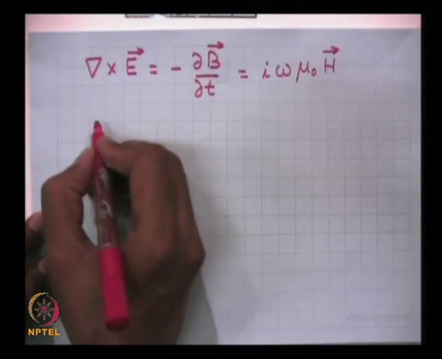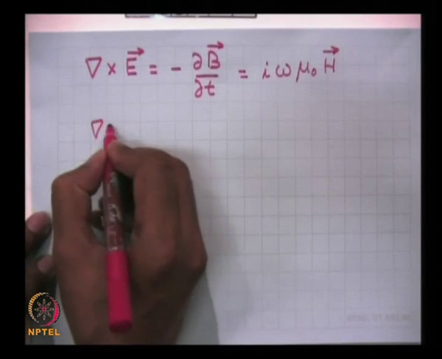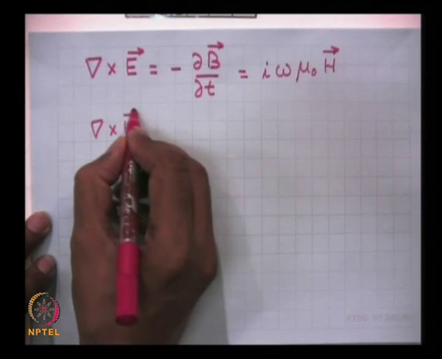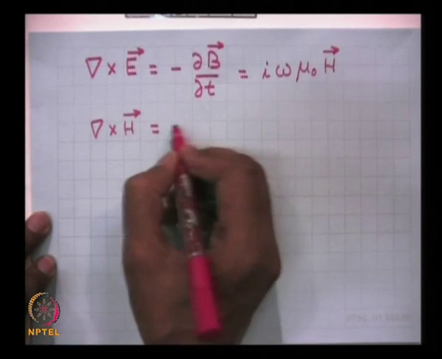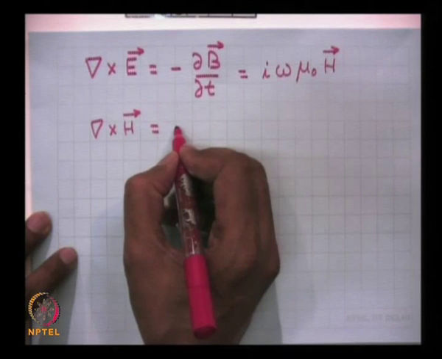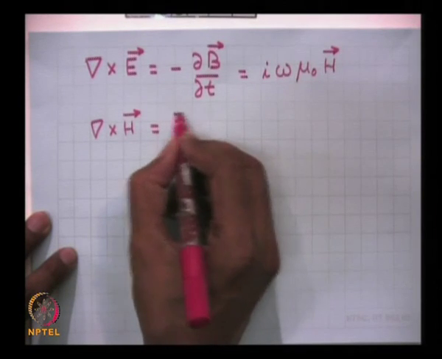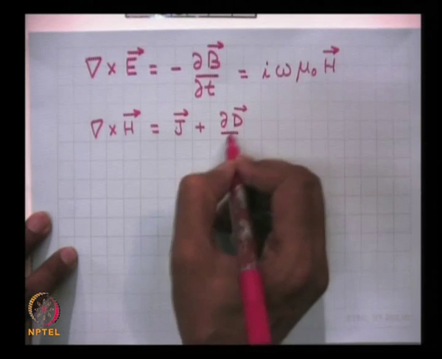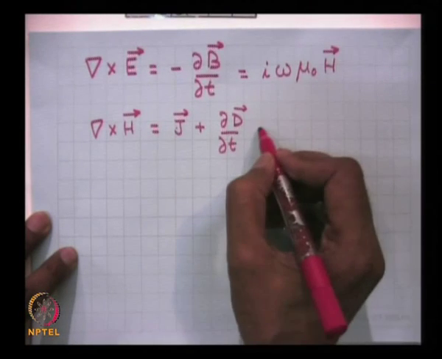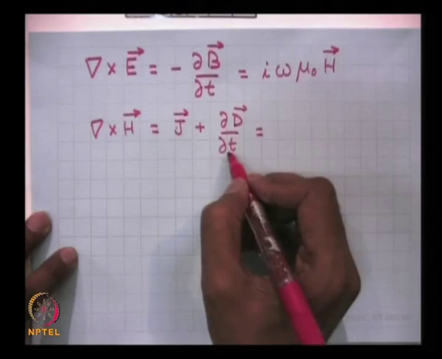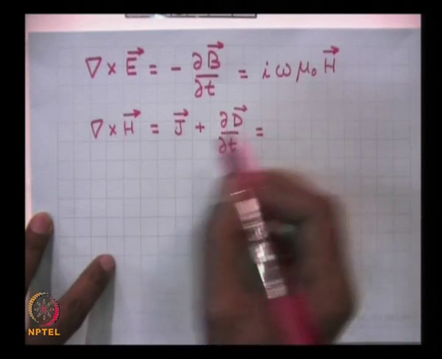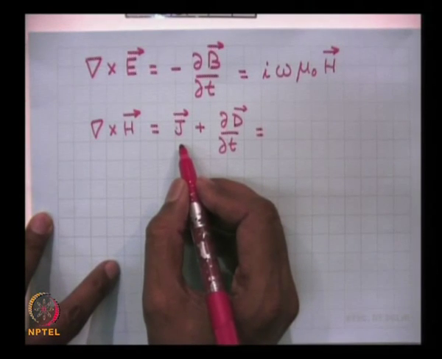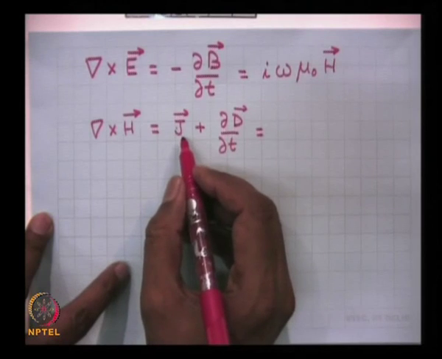The fourth Maxwell equation is curl of H is equal to J plus ∂D/∂t. Again replace ∂/∂t by minus iω, J by σE.